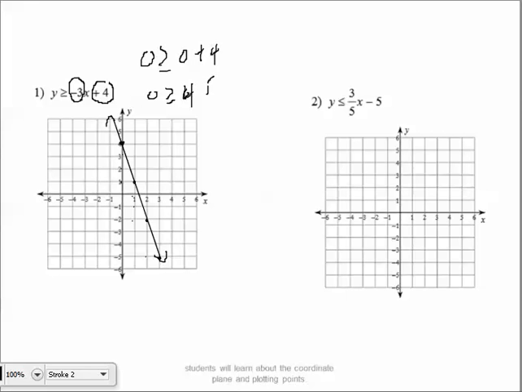Well, that is false. That means the side that has 0, 0 is not going to get shaded. I am actually going to shade the other side of the line, this side over here. That's how you determine which side to shade.